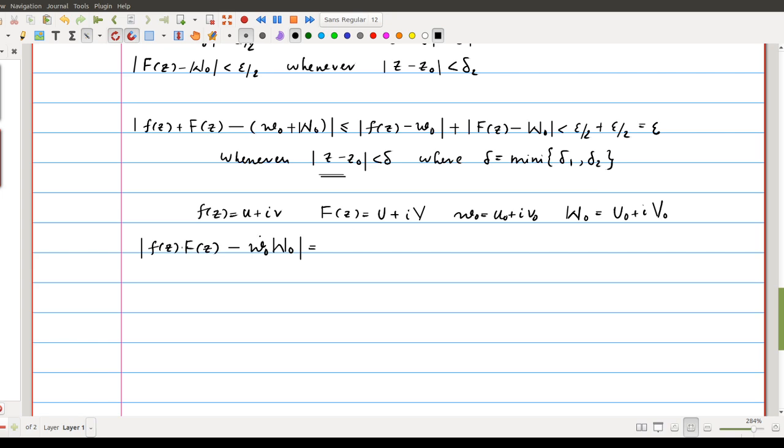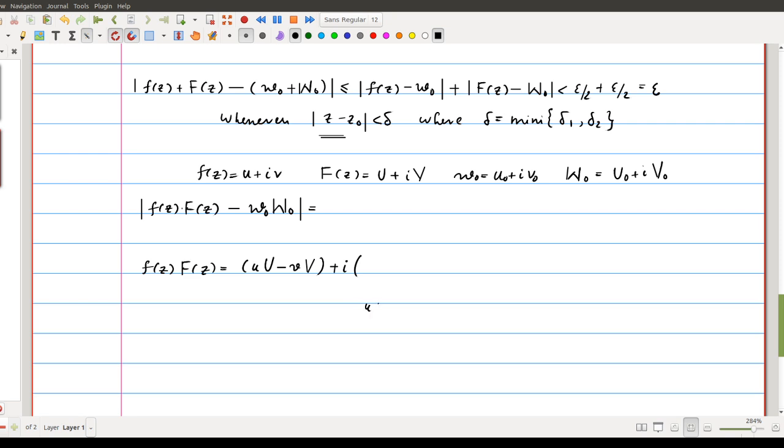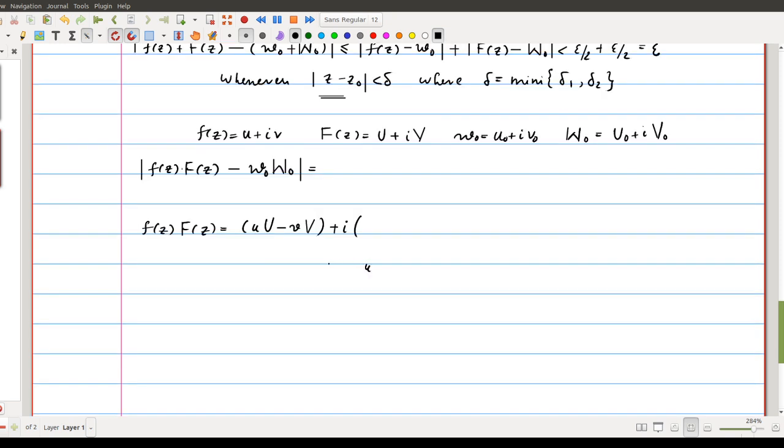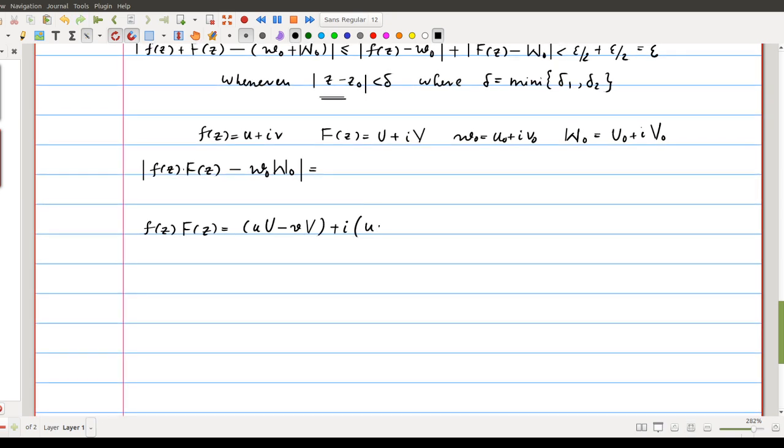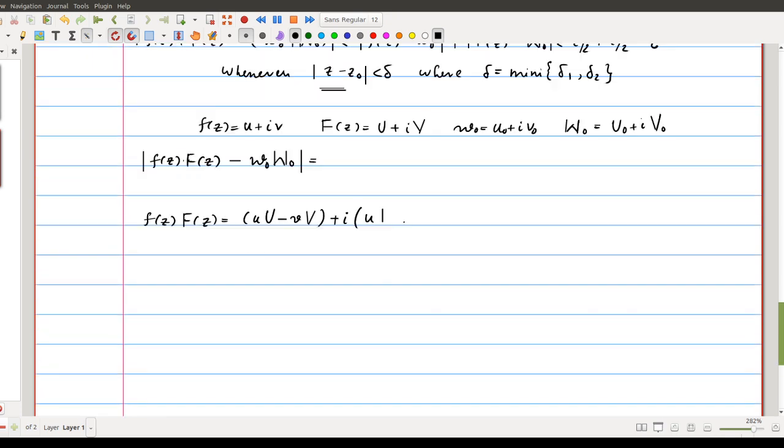If you replace all these quantities using u and v, then small f(z) times capital F(z), by performing the term by term product of u plus iv and capital U plus i capital V, gives small u capital U minus small v capital V plus i times (small u capital V plus small v capital U).